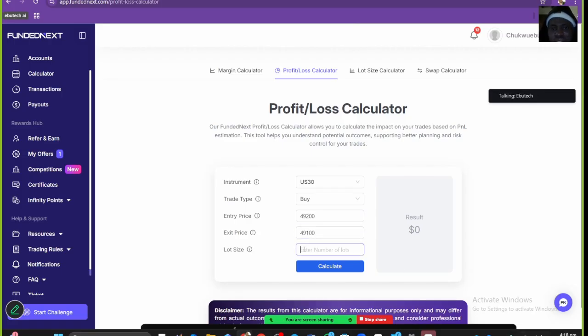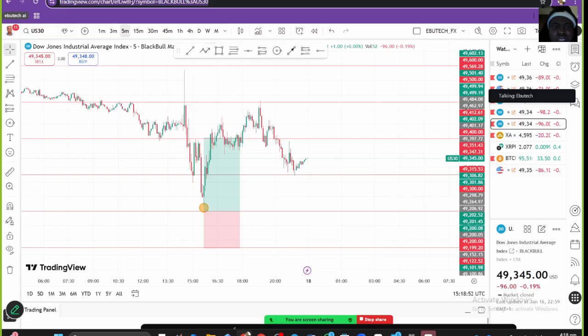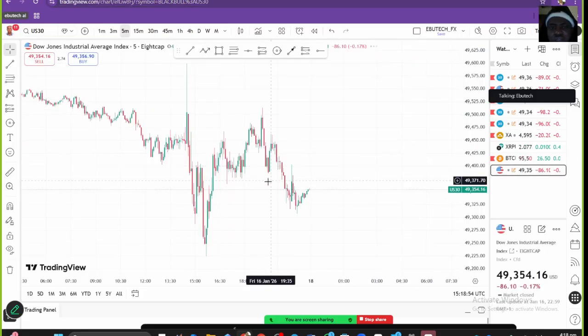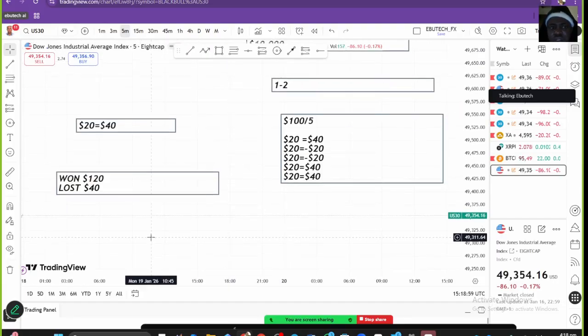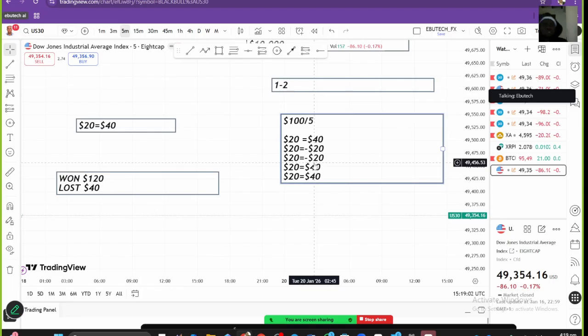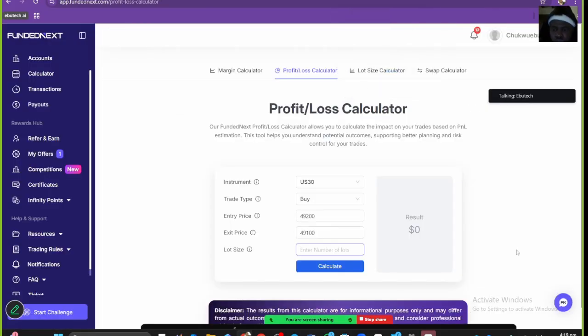So for a $10,000 account, if we are risking $20 per trade, our loss size should be 0.02. Let's say 0.02. Can you guys see something here? Hello?